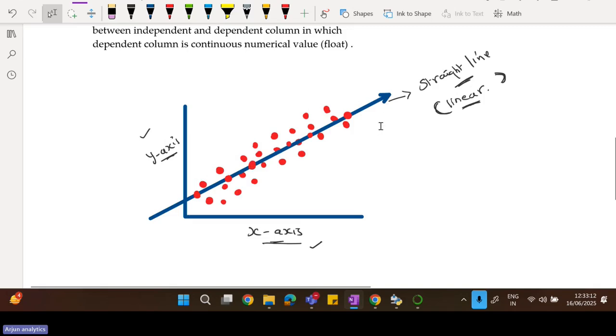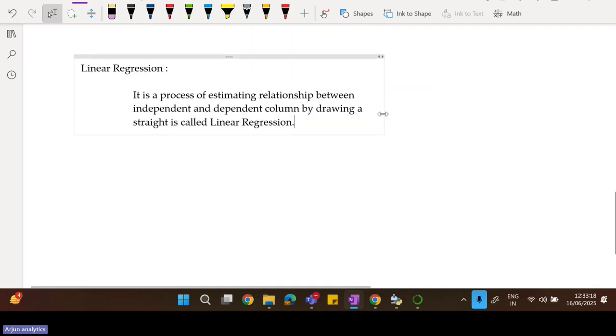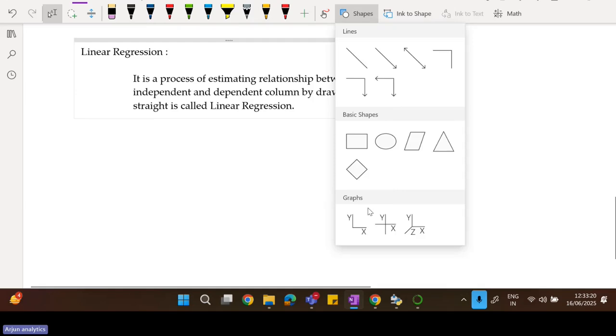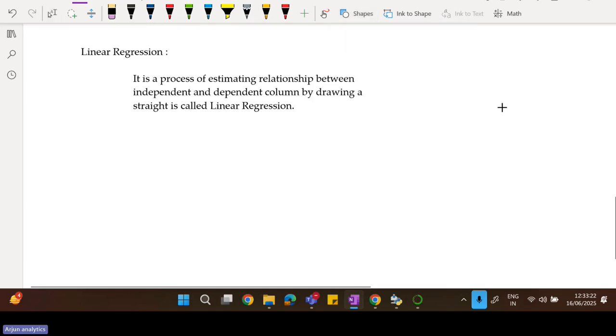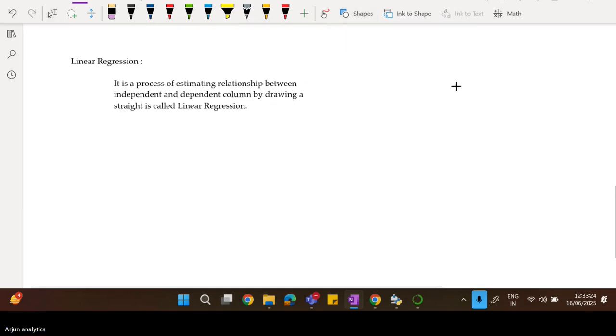Now the million dollar question is, if you take a straight line, take it as a graph. This graph has a point.